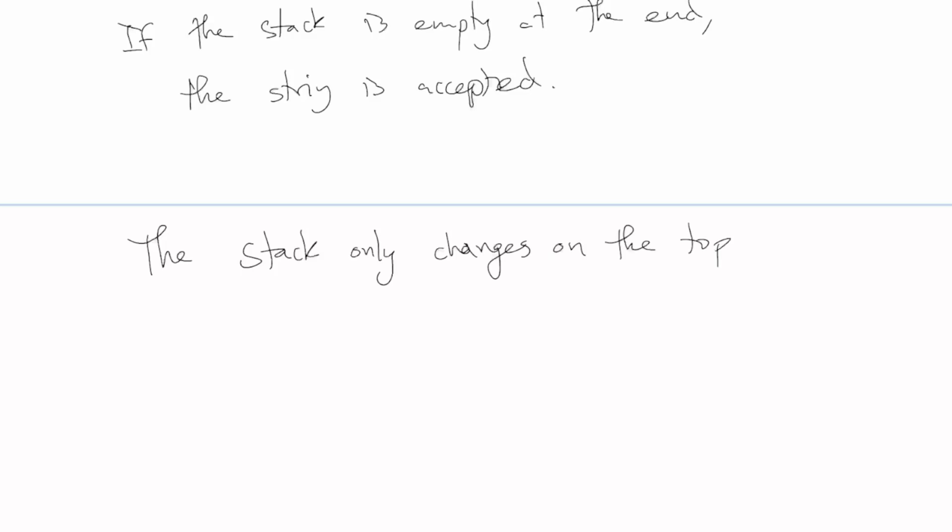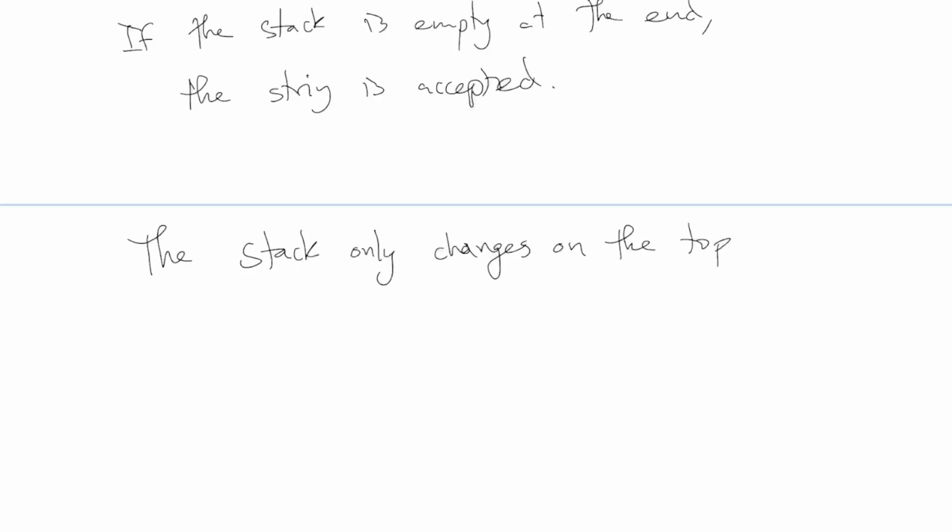This is why it's called a stack. Interacting with a stack is like interacting with a stack of papers or a stack of books. You can take the thing off the top, you can put a new thing onto the top, but that's it. There's no way on a stack to grab something from the middle. The only way to do that would be to remove all the things from the top first until you get down to the middle, and then you can take the thing out of the middle.